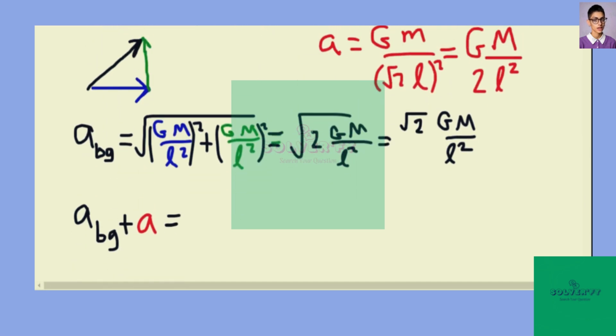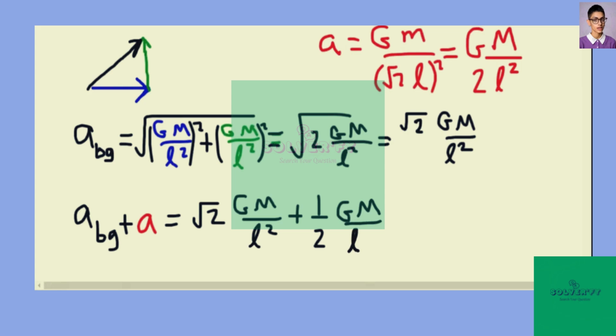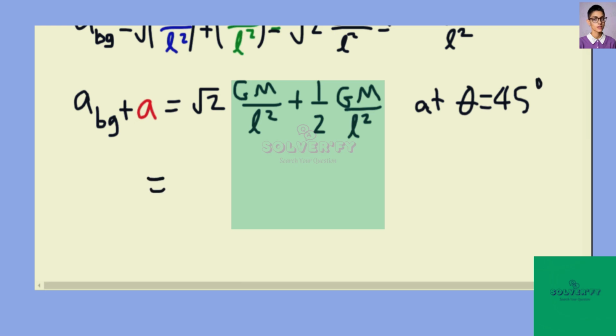That's going to be the square root of 2 G M over L squared plus 1/2 G M over L squared at theta equals 45 degrees. So that is G M over L squared times the square root of 2 plus 1/2.